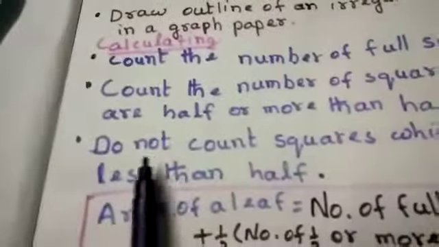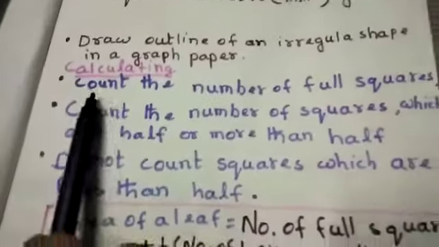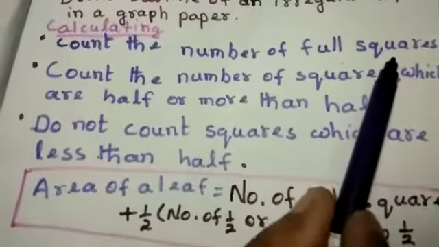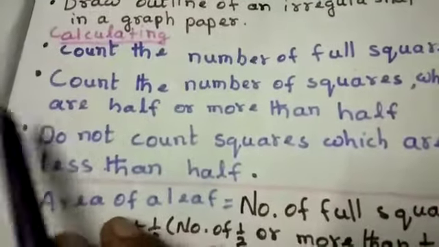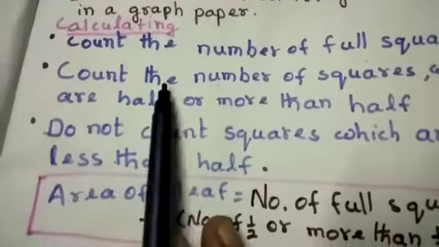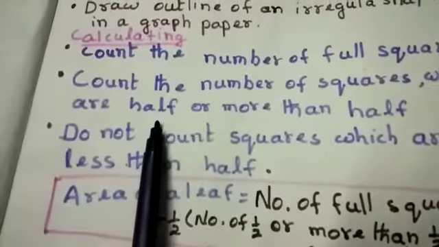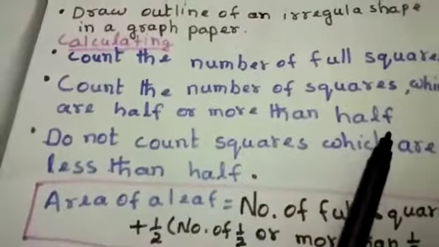So when you calculate, remember the 3 points. First, count the number of full squares, that we already counted, and that is your 30. Second, count the number of squares which are half or more than half.